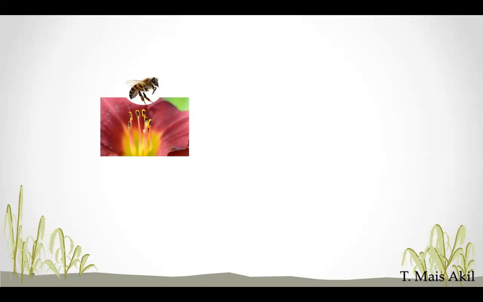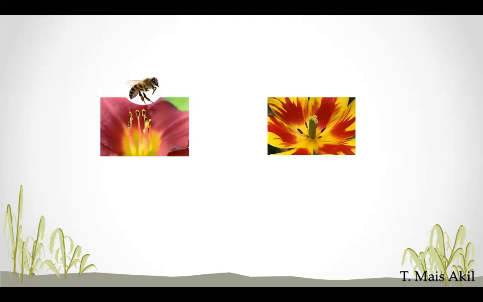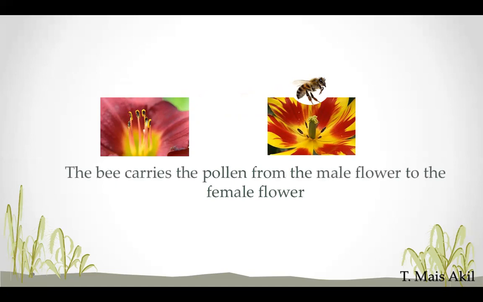After that, the bee is going to fly to another flower. Then the pollen falls in this female flower. So the bee carries the pollen from the male flower to the female flower. And then when the pollen falls in the female flower, it is going to make the seed.